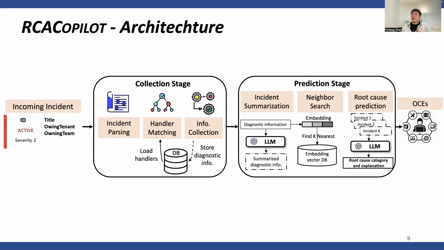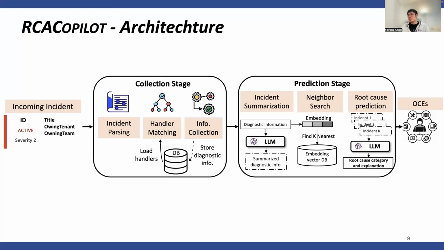So this is the architecture. As you can see, we have two stages. One is the collection stage. The other is the prediction stage. In the collection stage, basically one incoming incident will be mapped to a corresponding incident handler. And those handlers will be executed with some actions. Those actions will automatically collect the information from the cloud. And the information collected from the first stage will be fed into the second prediction stage.